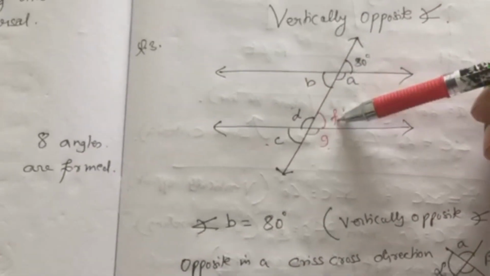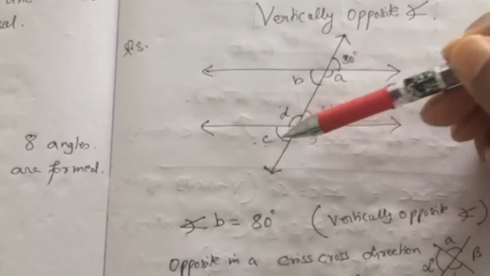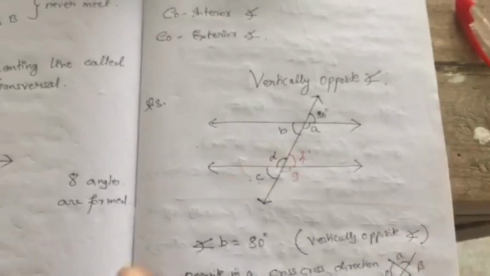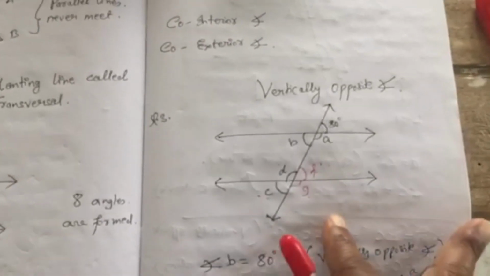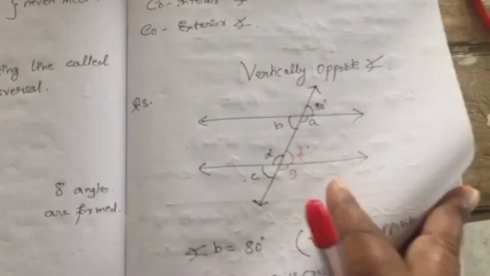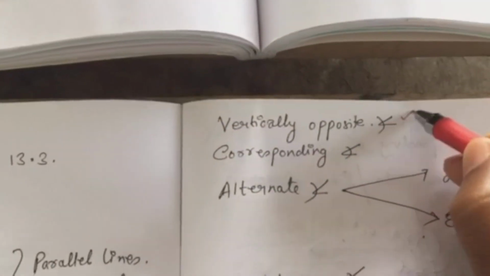That means if angle F is 80 degrees, angle C will also be 80 degrees. You don't have to find it so difficult. You just see the slanting angles in a crisscross way. This is vertically opposite. The first type of angle is completed.